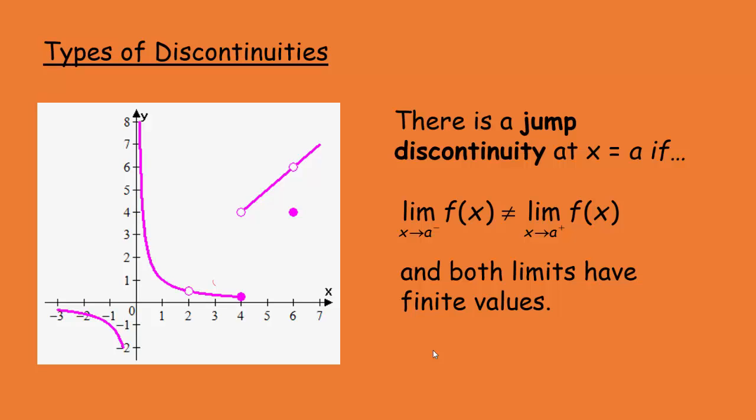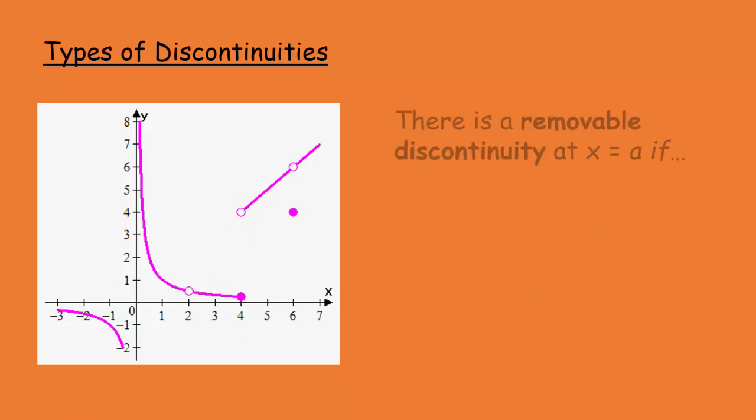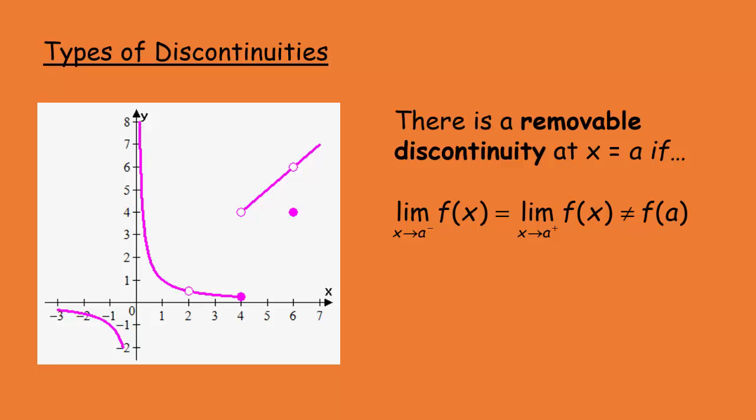And the last type of discontinuity is a removable discontinuity, otherwise known as a hole. So on this graph we have a removable discontinuity at x equals 6, and here's what's going on there. The limit as x approaches a value from the left does equal the same thing as x approaches that value from the right.